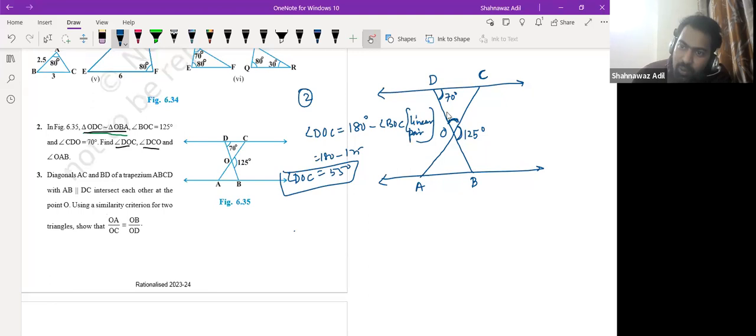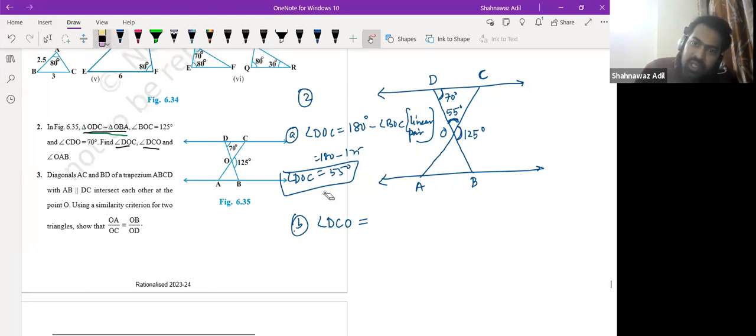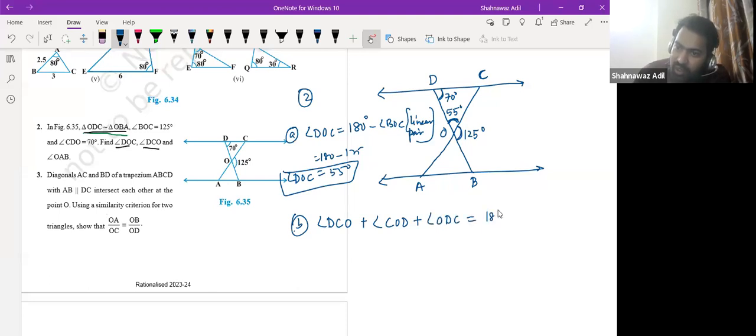So this is 55. Let's say this is A. DCO will be angle C, right? So let us write angle DCO. Can we write 70 plus 55 plus angle DCO equal to 180? Angle DOC plus angle COD plus angle ODC, that is 180, right?